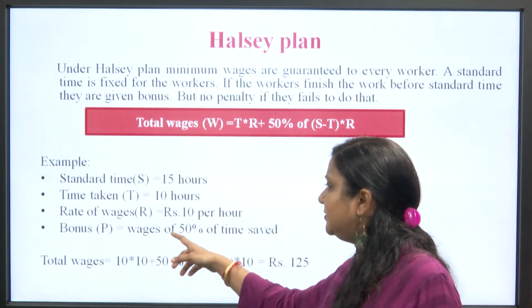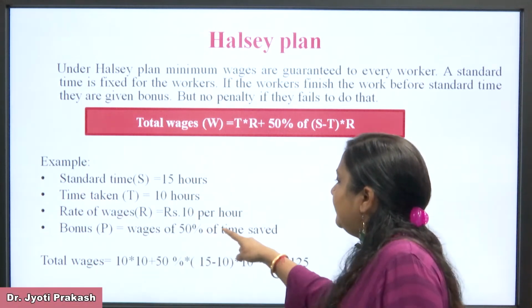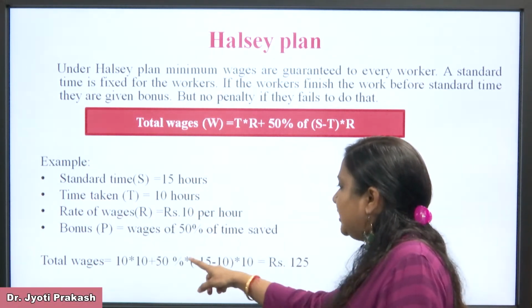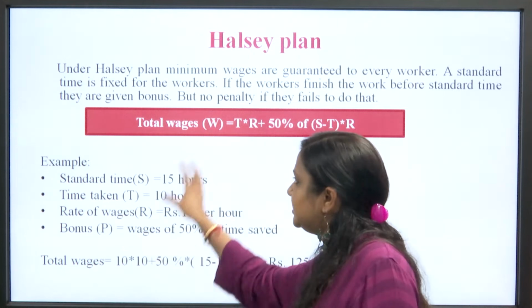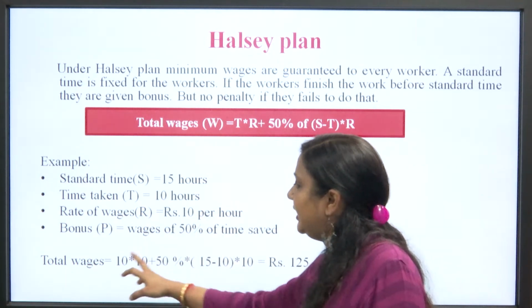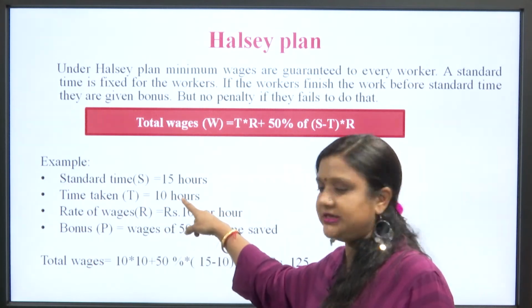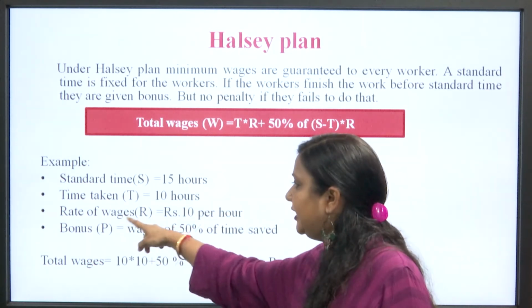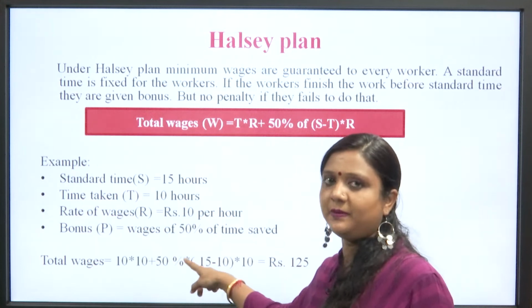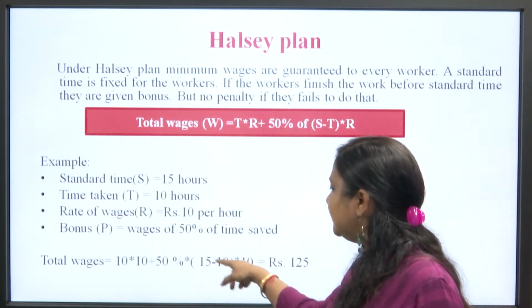So, the bonus will be 50% of the time saved wages. So, what is the time saved? Putting all the values into the formula, total wages is time taken, 10 hours, and rate of wages, 10 rupees per hour, plus 50% of the time saved.